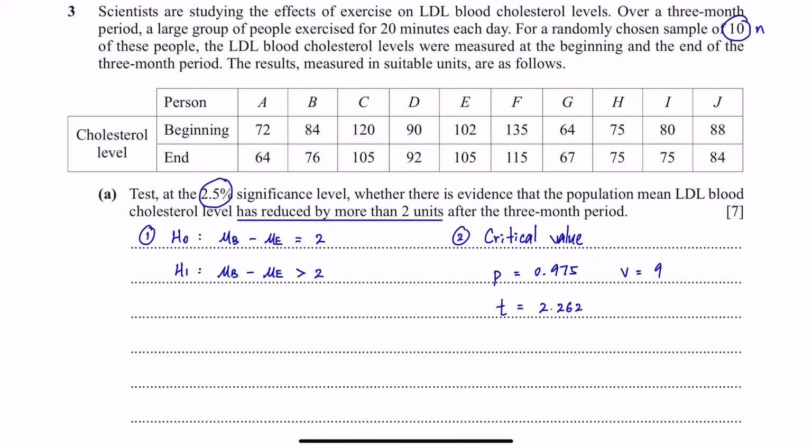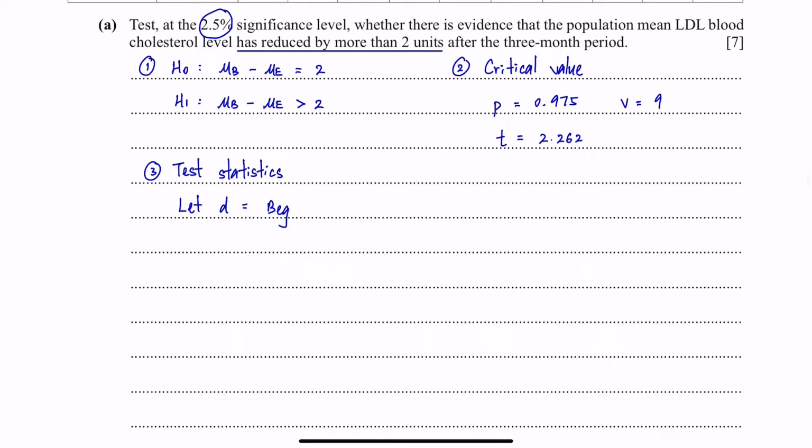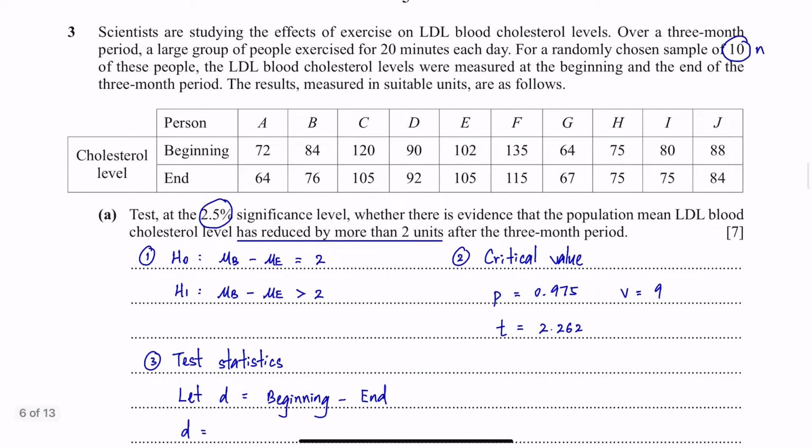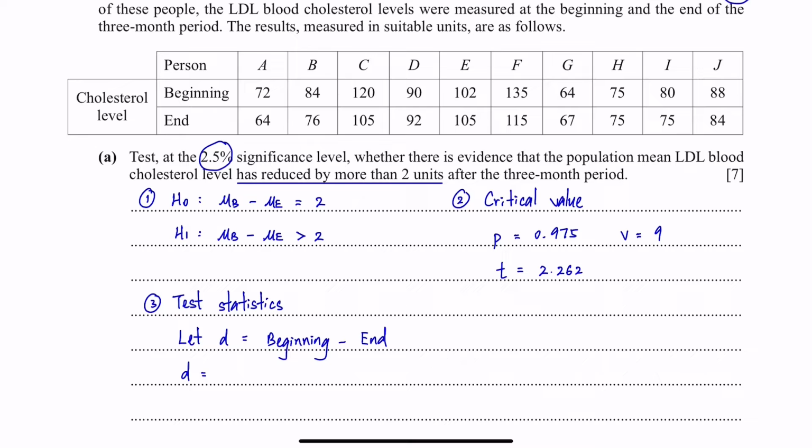Alright, and now we can find the test statistic. So we can let D equal beginning minus end. So we can find the difference in the blood cholesterol level in 10 of these people here. What we need to do is take the beginning minus the end for each person.